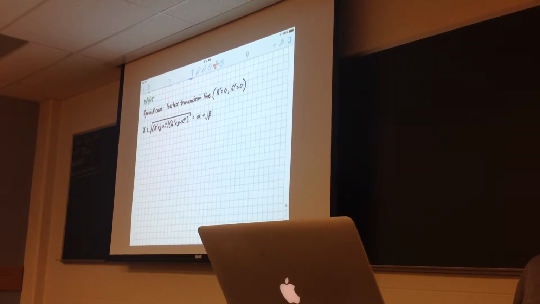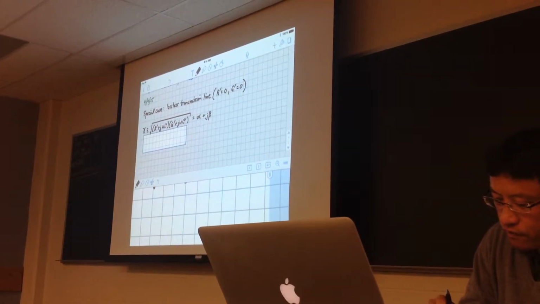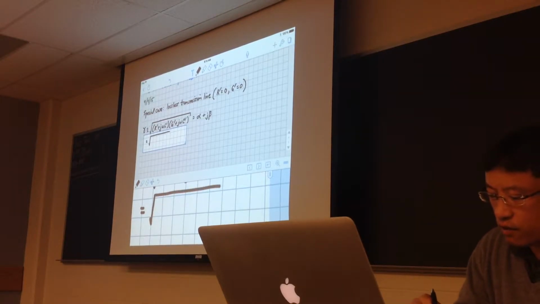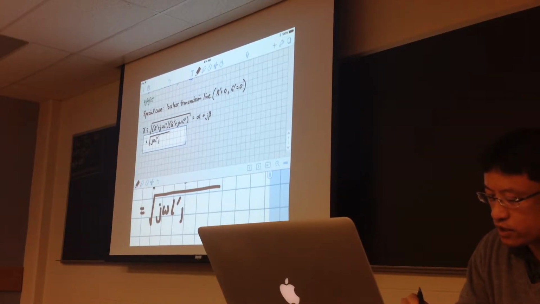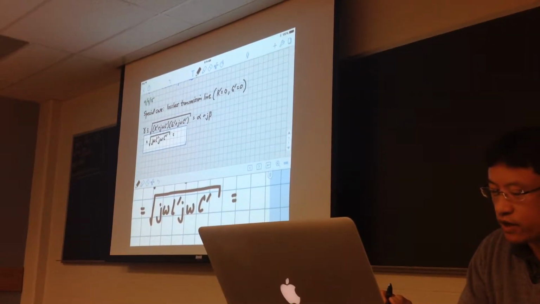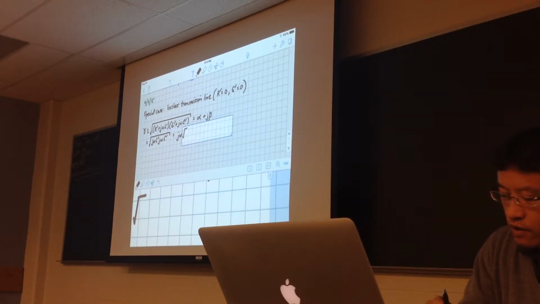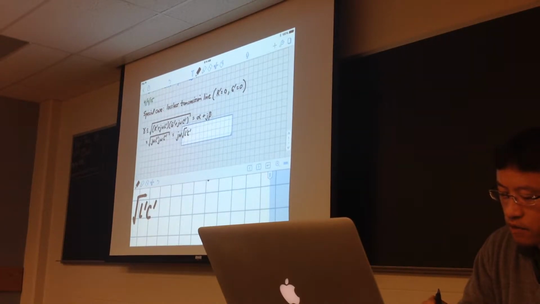So in the case of a lossless transmission line, we would have the square root of, R prime is 0, so that's j omega L prime, and G prime is 0, so that's j omega C prime. So this is the square root of L prime times C prime, and then the two j omegas, just like j omega squared, you take one of the j omegas out. So that's j omega times the square root of L prime times C prime.